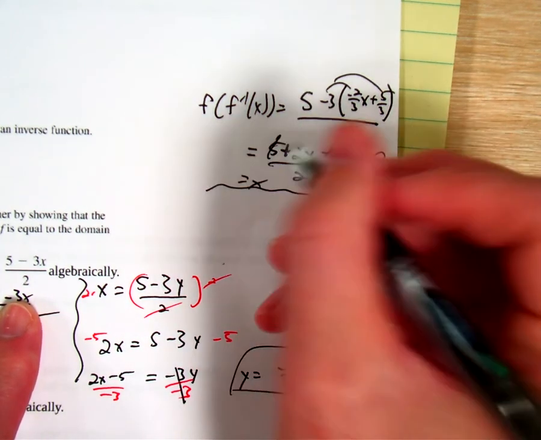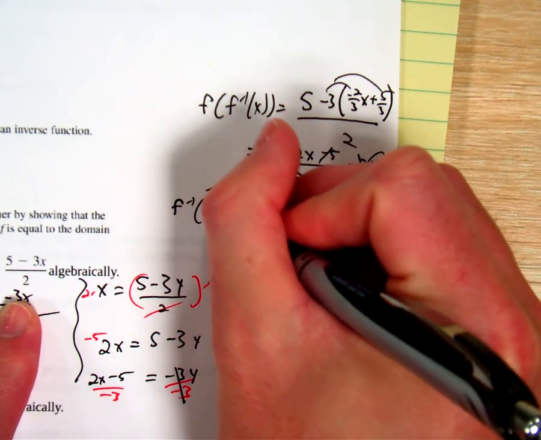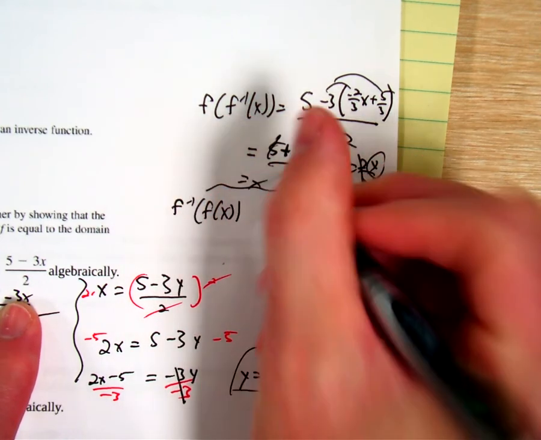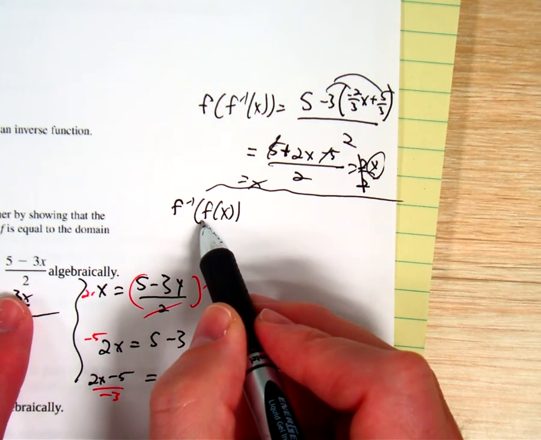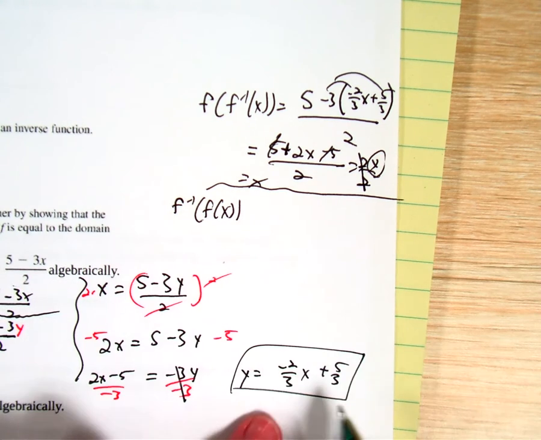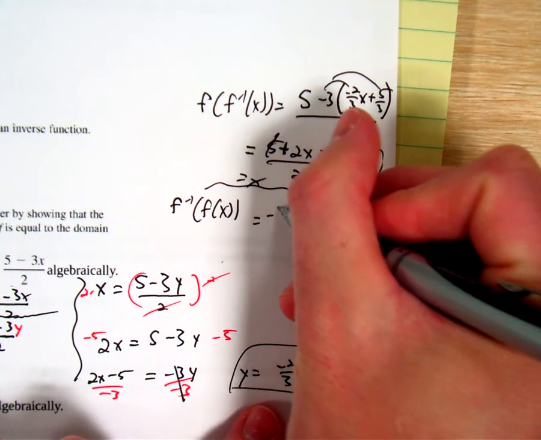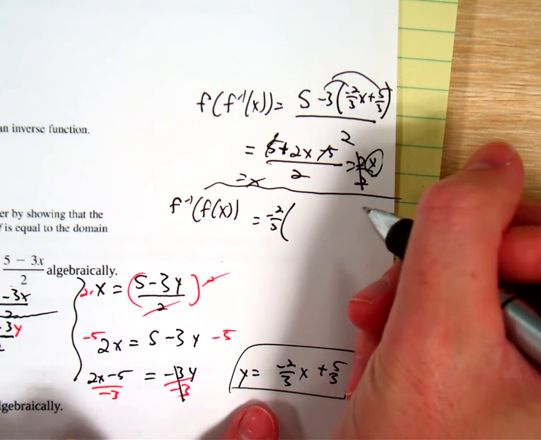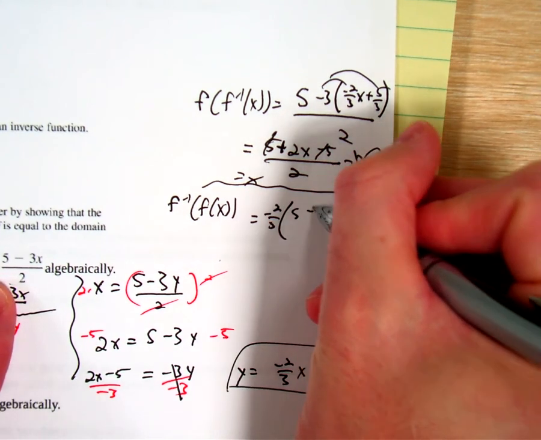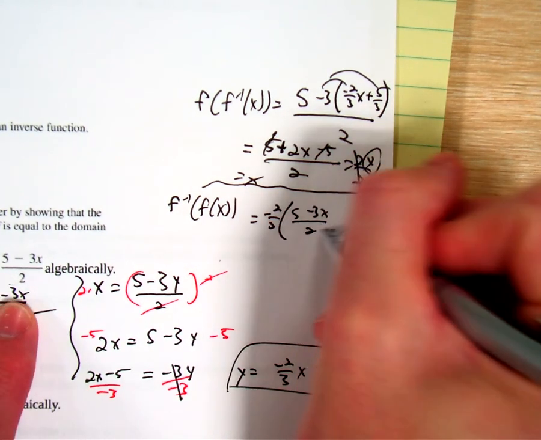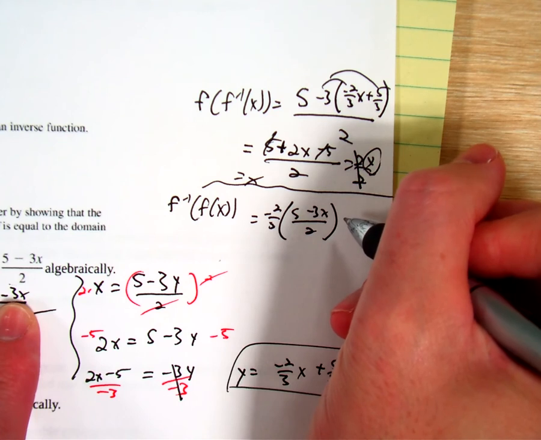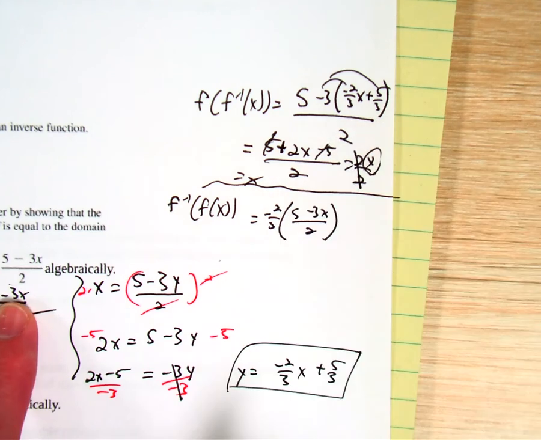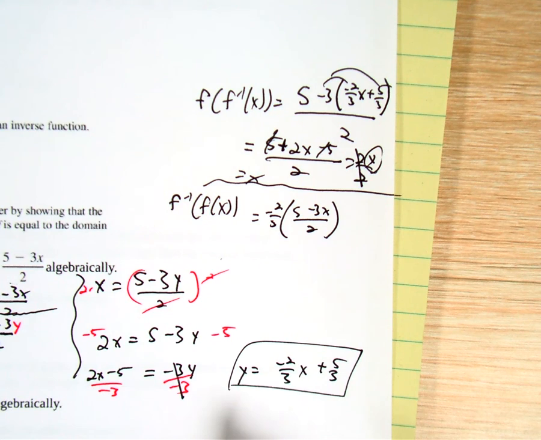Now I have to go the other way. f inverse of f of x. So we're taking the original and putting it in for the x spot over here. Negative 2/3 times 5 minus 3x over 2. This one might be a little sloppier, a little yuckier.